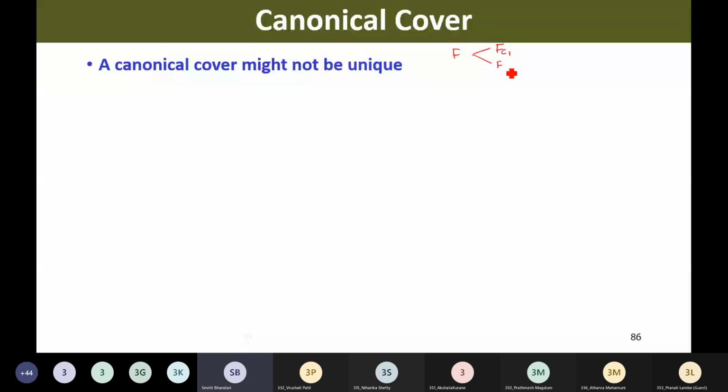We have a relation schema R with 3 attributes A, B and C. We have been provided with the set of functional dependencies F with 3 dependencies: A to BC, B to AC, and C to AB.